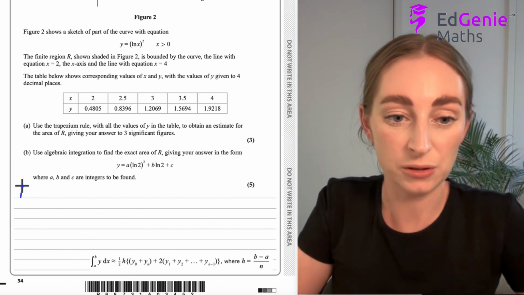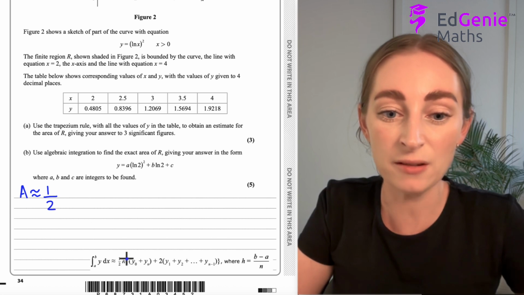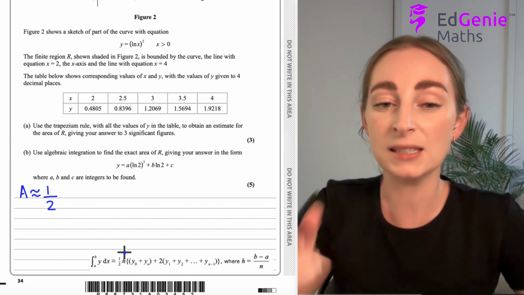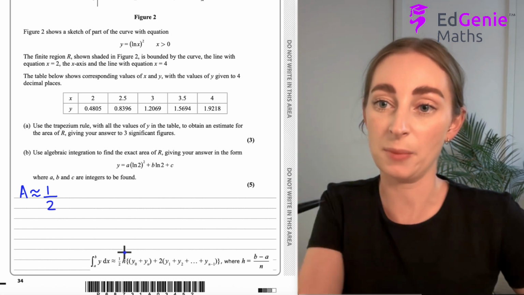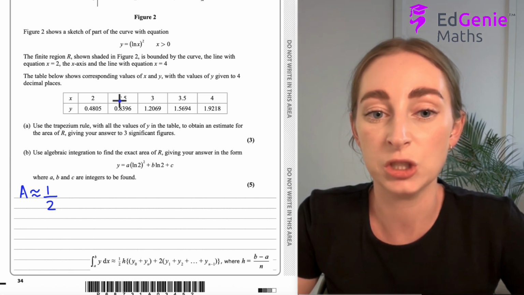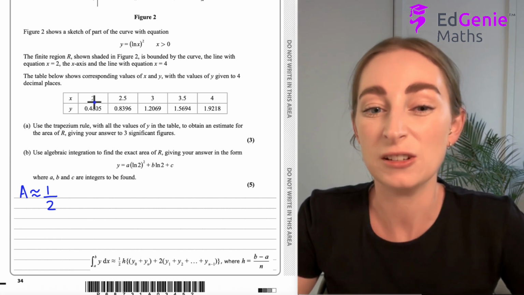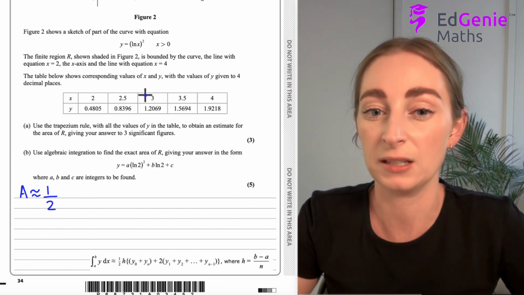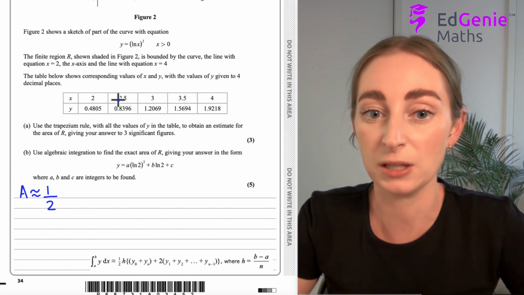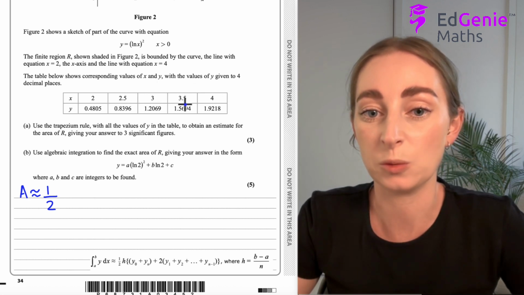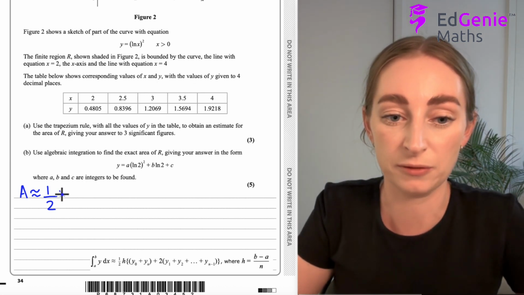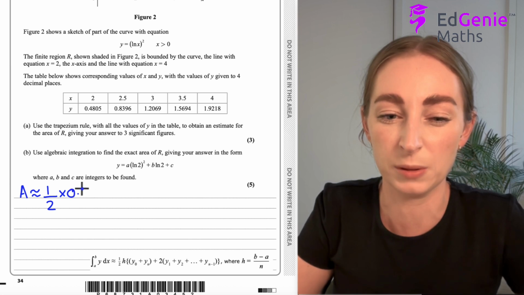So we are going to do the area is roughly half the height. So this is the distance between our bars. So if we're going from 2 to 2.5, you can see that it's going to be 0.5, and it has to be the same for every single one. So you can see it's going to be 0.5, which is a half, but I will put it at 0.5.